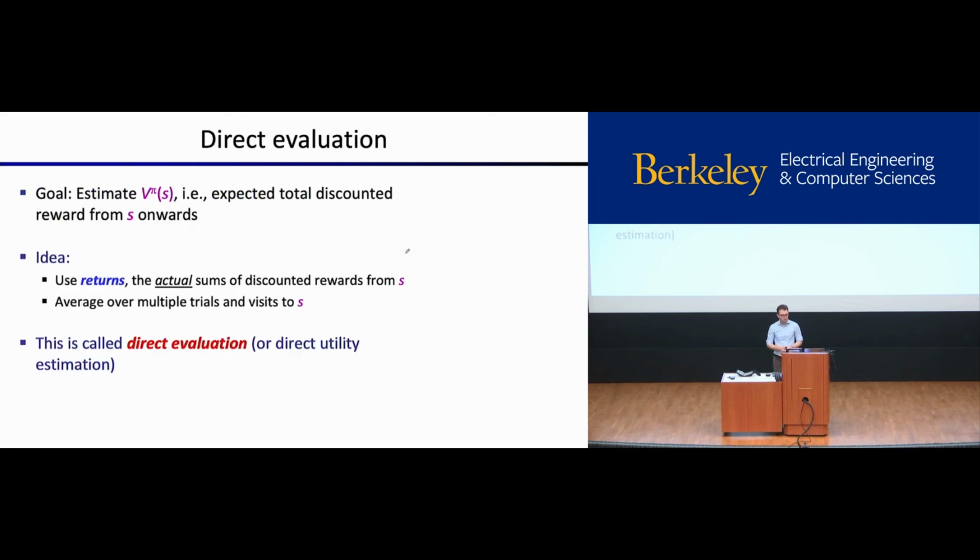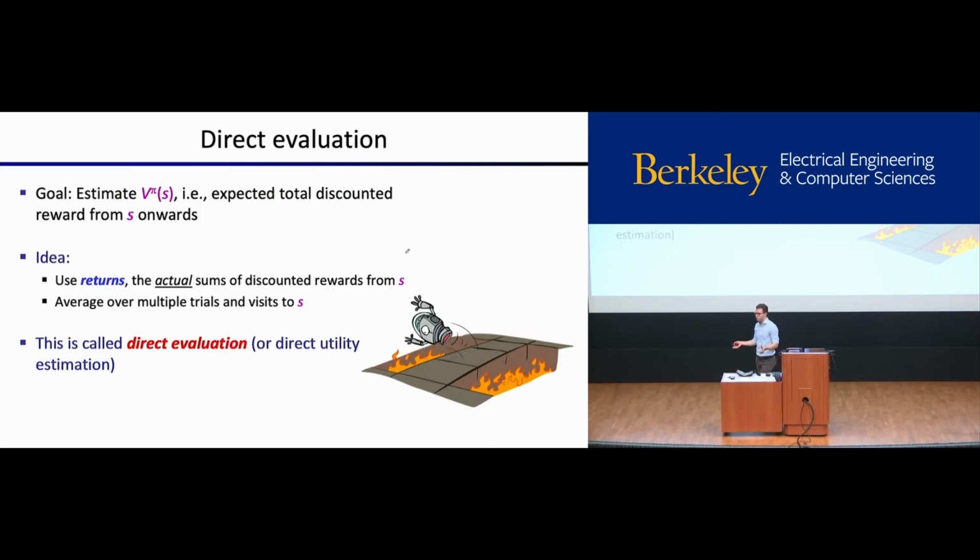Well, one way is to just directly sum up how much expected return we get, the expected discounted rewards from every state. So we're going to gather a bunch of data, and then we're going to try stuff out in the environment. Sometimes that will lead to doom, but we're just going to average across multiple trials and see what the average return is, right?